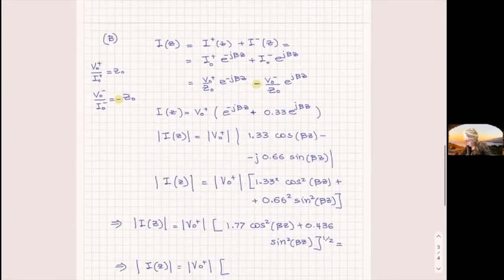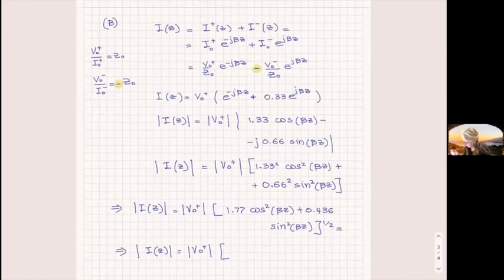All right. So here is going to be 1.77 plus 0.436, which is 2.2, plus 0.436 sine squared beta z.